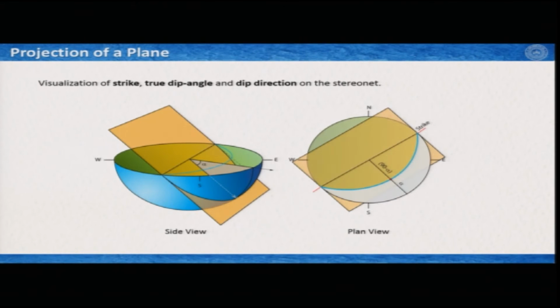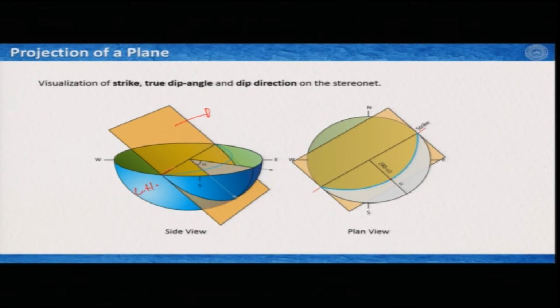So, to visualize this in a different way, to see whether we have actually projected our plane to the stereo net, here is a different illustration. What we see here is the sloping plane that we are concerned with. This sloping plane passes through the center of this sphere. Now, this is the half sphere, the lower hemisphere.